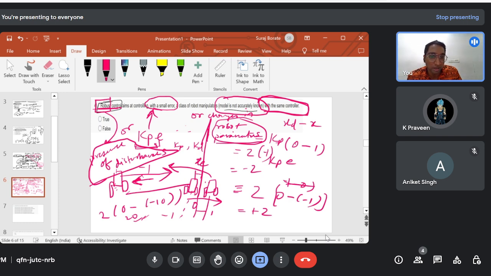No, with the same control logic, it should work. Maybe you choose higher gains, but it should work. So that is called robust control. The question comes that instead of the same controller, if you are changing the controller or varying the control, then it is called adaptive control.